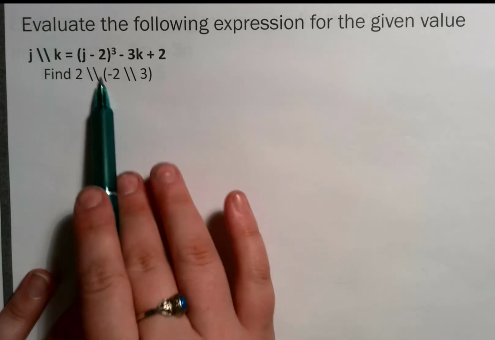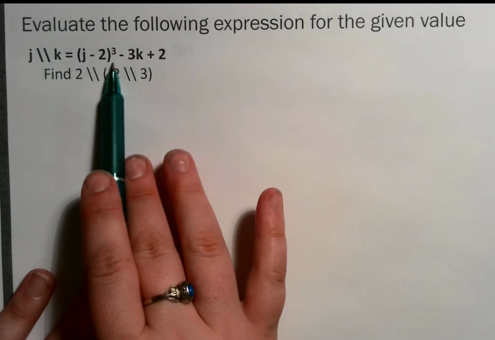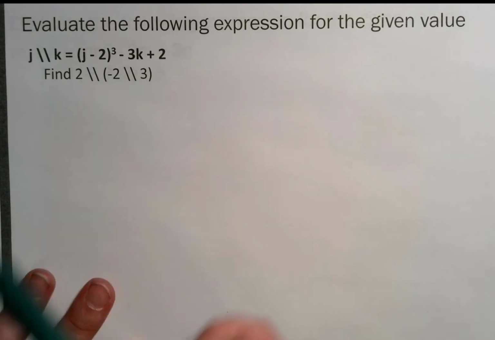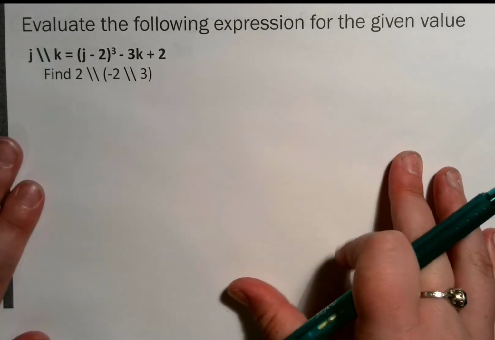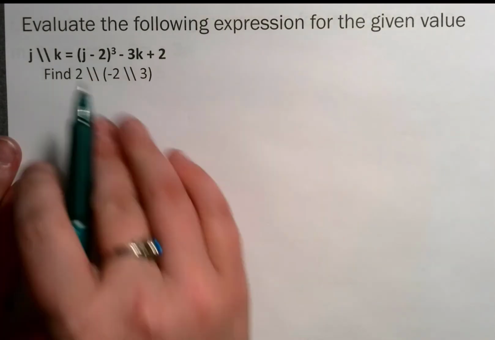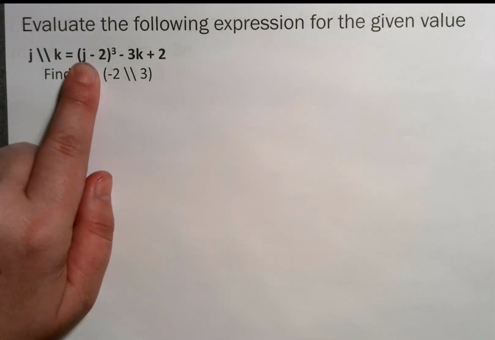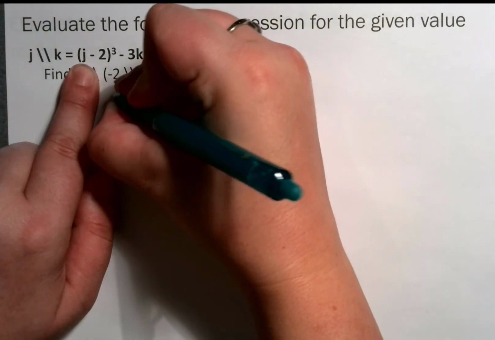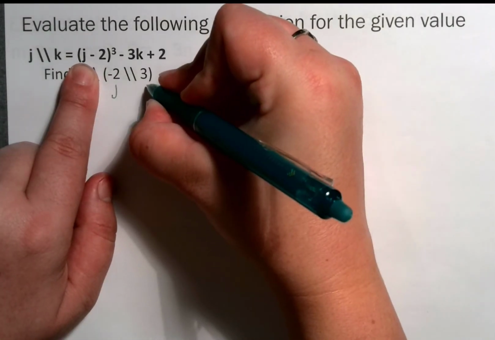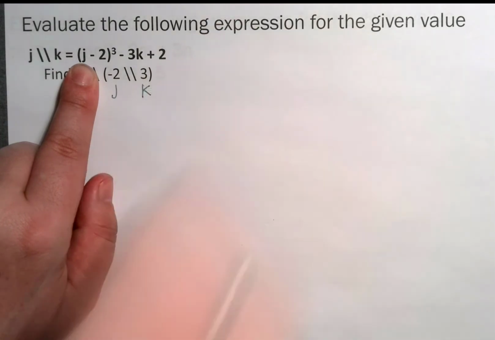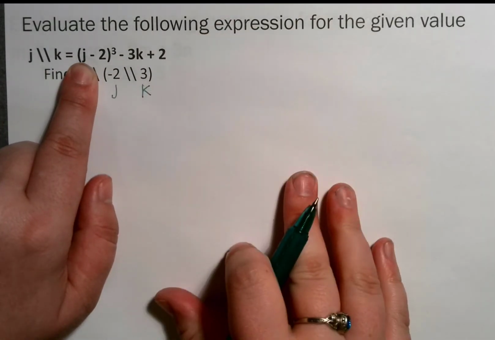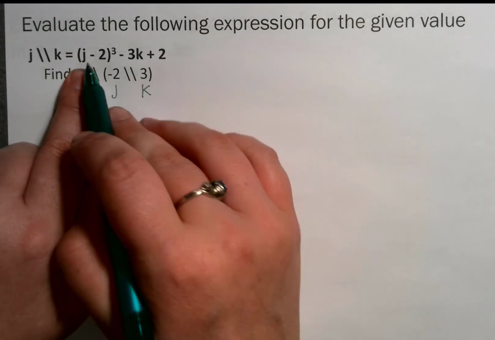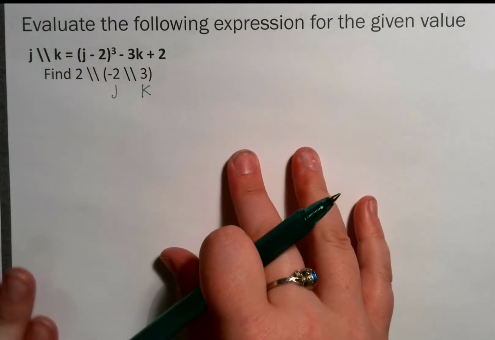Notice I've got this grouping symbol here. I'm going to work this one first. Our order of operations still apply. So I'm going to just ignore this one here for the moment, it's still there. So this is my J, and this is my K. I'm going to take those and plug in for our expression.